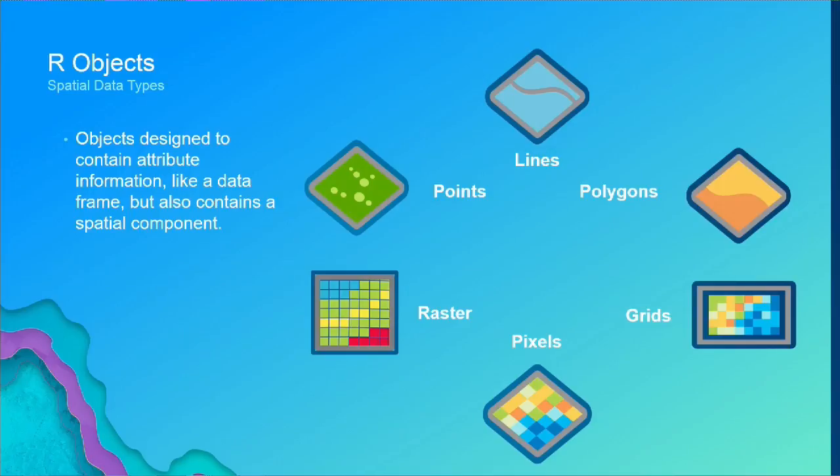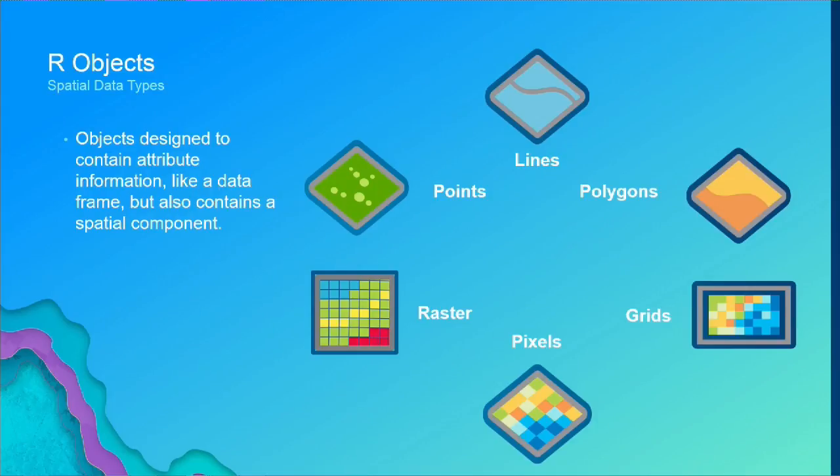Now, why R from an Esri perspective? In addition to just having data frames that are non-spatial, R also has packages that support spatial data. Most common are SP and now SF. Essentially, these packages not only have a data frame-like structure for keeping your attributes, but also a spatial component.